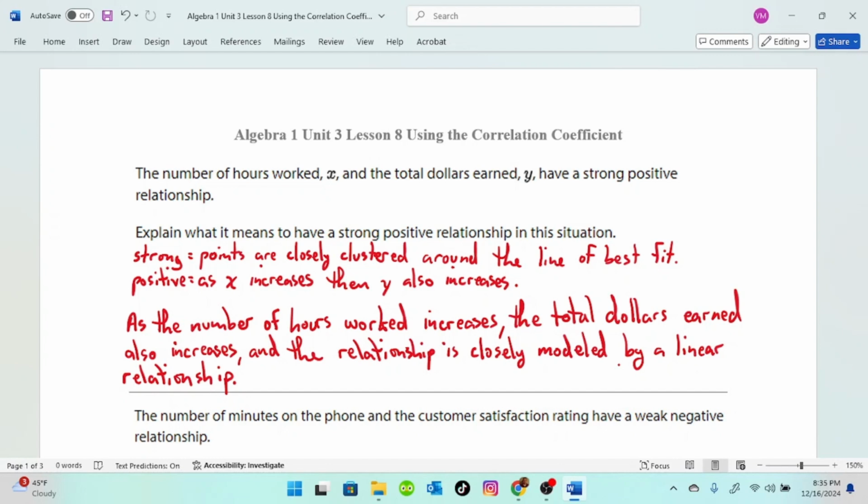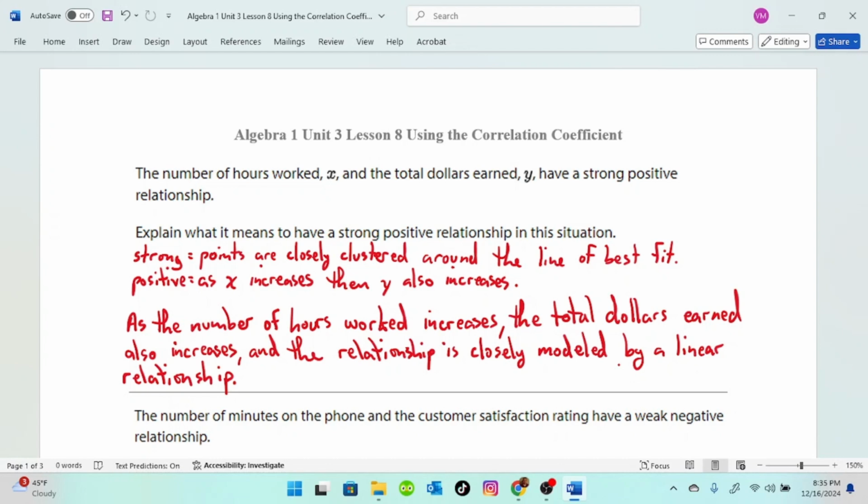So this sums up what we were saying, but it uses the context of this specific situation. A strong relationship always means that they are closely clustered around the line. A positive relationship always means that X and Y are both increasing.